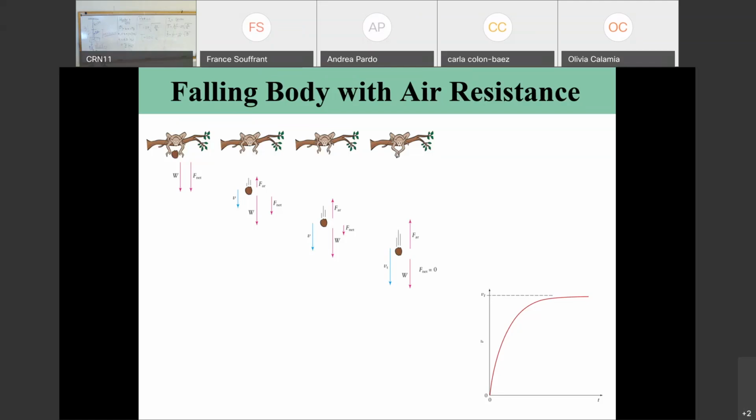Let's suppose you have a glass of water, or maybe even bigger than that, like a jar, and then you let go of a piece of metal. It's hard to do this probably, but you can see that at some point it reaches a constant speed.